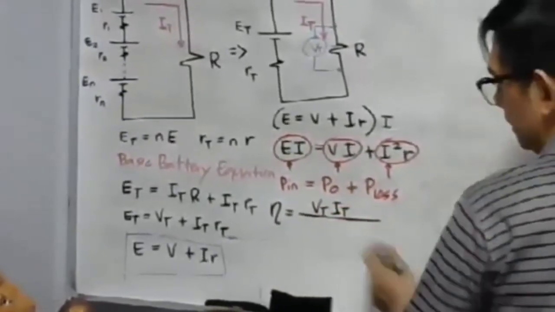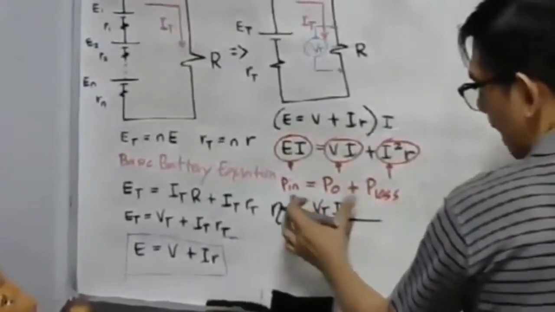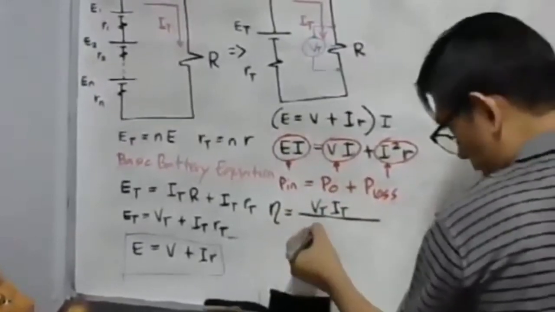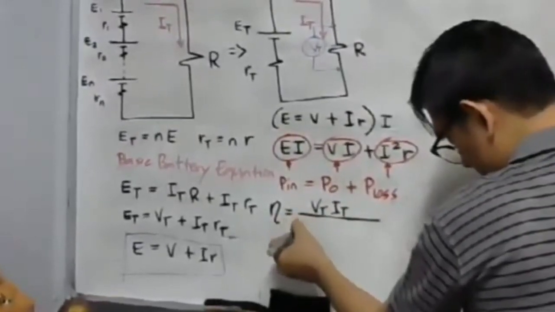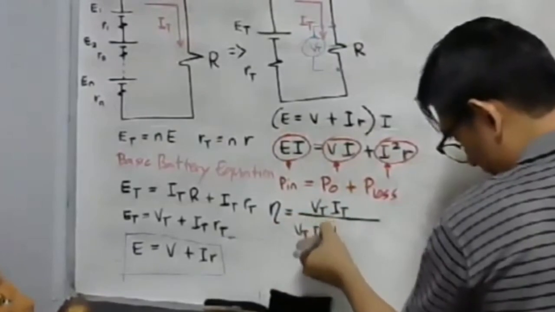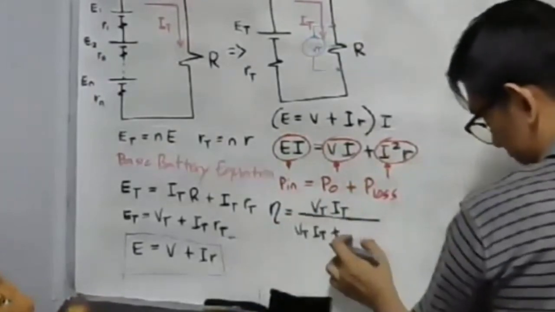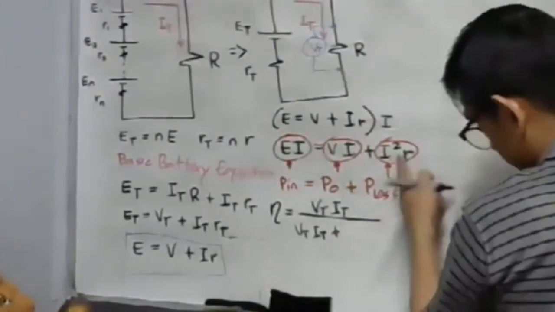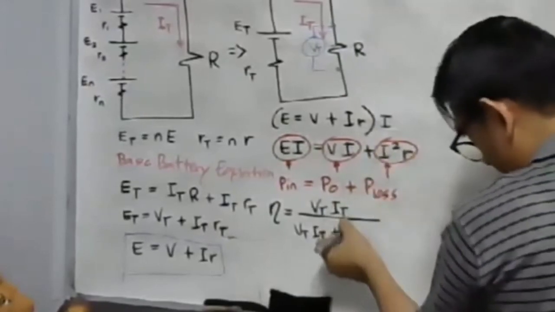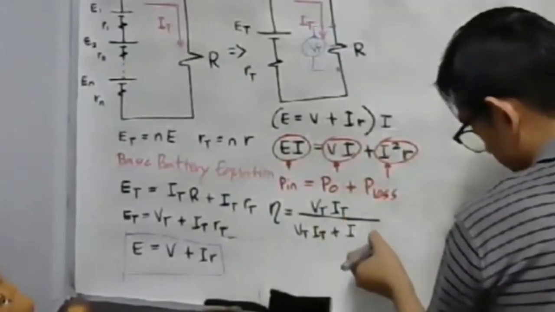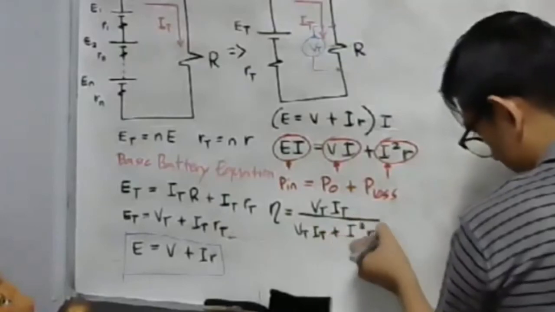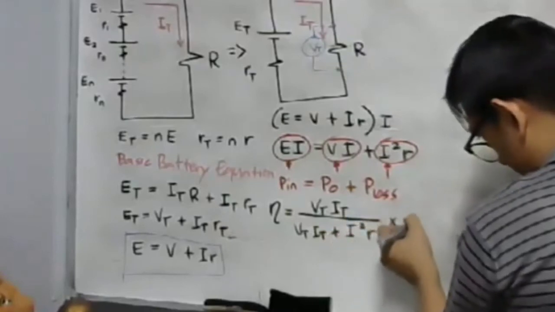So the efficiency is Vt It over Vt It plus the power loss. What is our power loss? This is our power loss, simply equal to I squared R, times 100%.